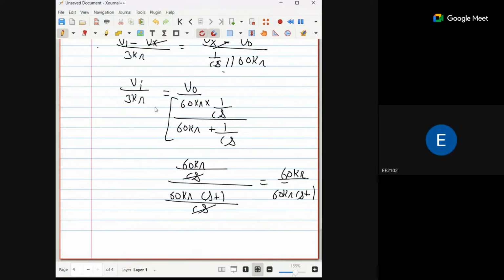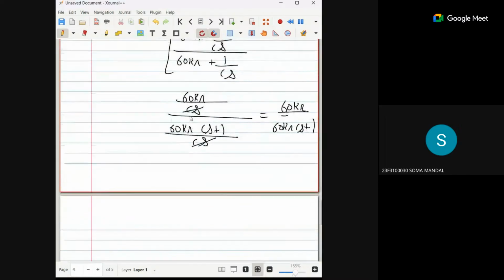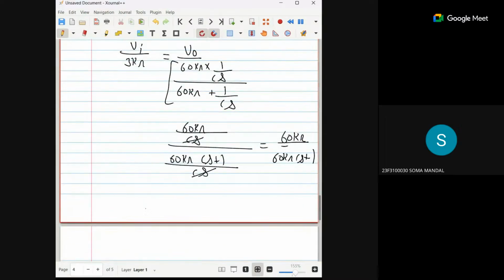Any problem? So Vi upon 3 kilo ohm equals V naught upon 60 kilo ohm upon 60 kilo ohm into CS plus 1.